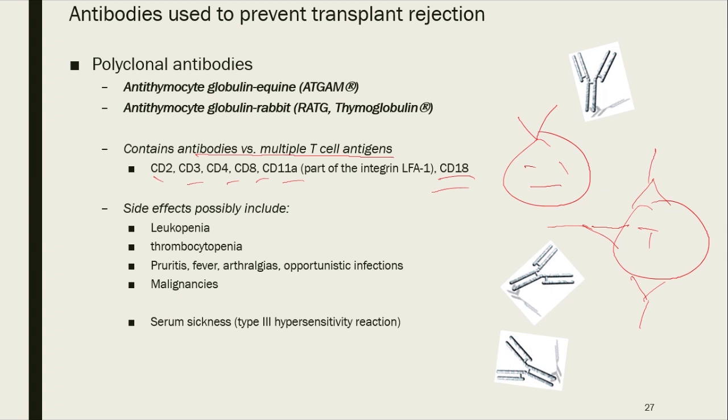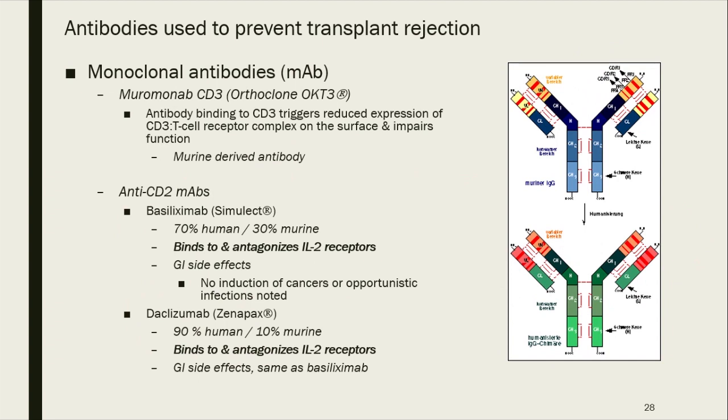Because they are not quite specific, they can lead to a whole range of side effects, including leukopenia, thrombocytopenia, pruritus, itchiness, even malignancies, and serum sickness as well. Now we have better ones, the monoclonal antibodies, all the mAbs there.